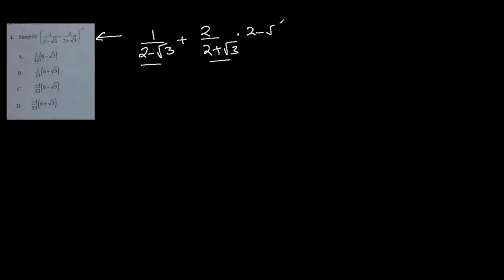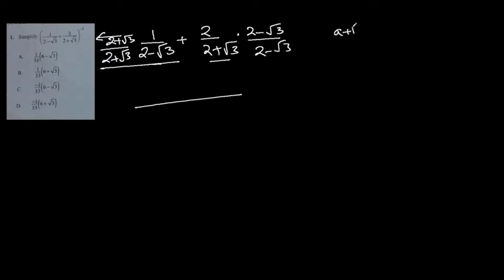So 2 minus square root 3 over 2 minus square root 3 on this side and 2 plus square root 3 over 2 plus square root 3 here. So now they have a common denominator which will be in the format a plus b, a minus b, and we know this identity which is a squared minus b squared.